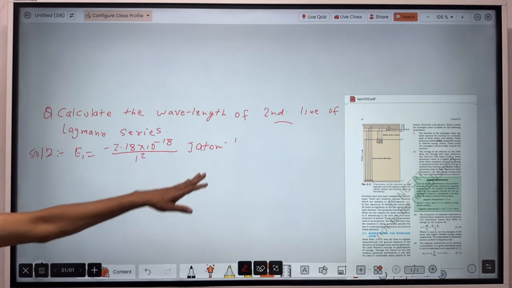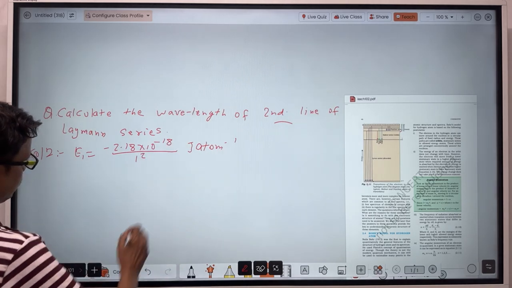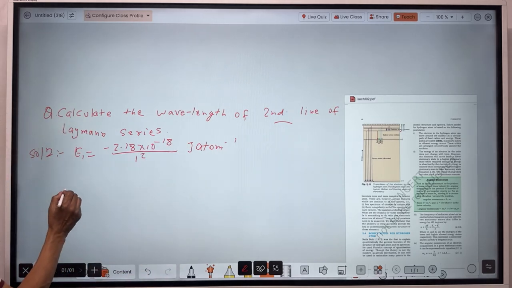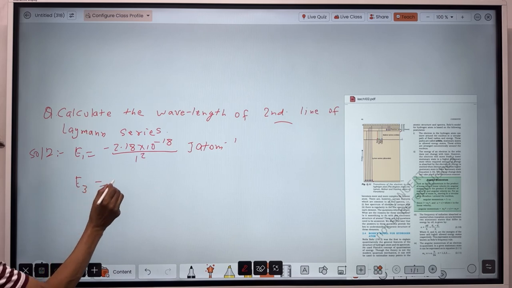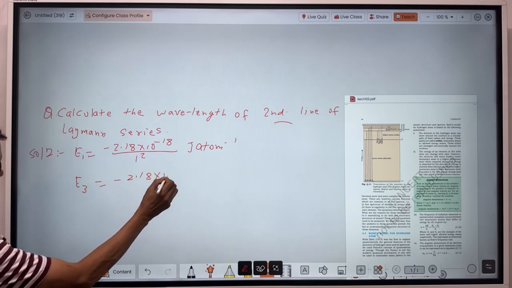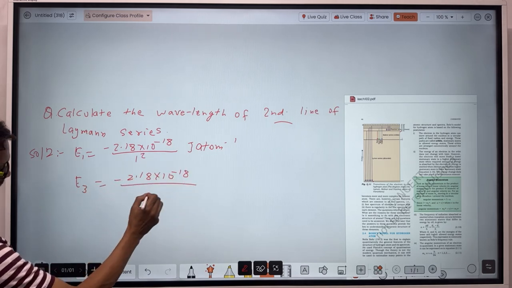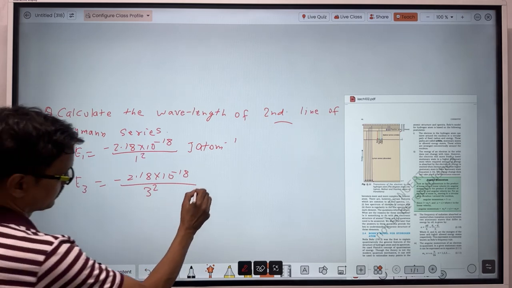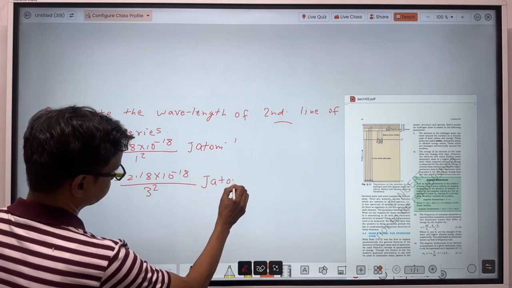Okay, that is for one atom. Now when n equal to 3, the energy of the electron will be minus 2.18 into 10 to the power minus 18 upon 3 square, joule per atom.